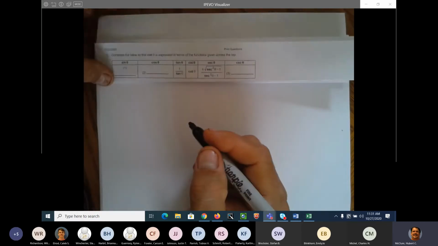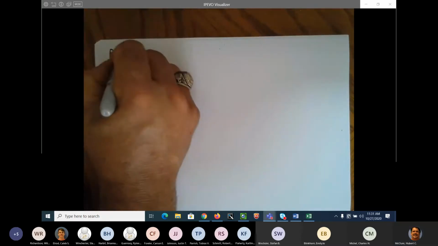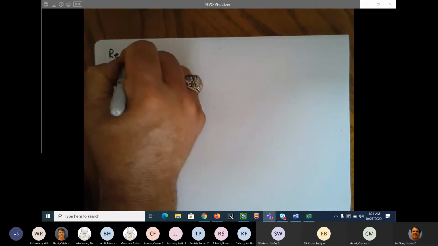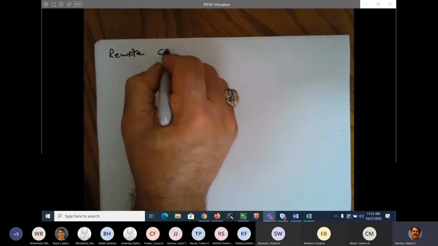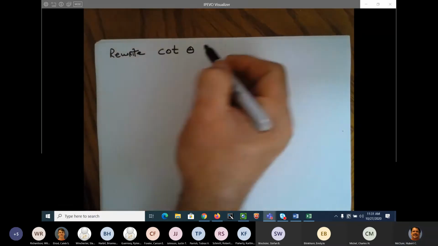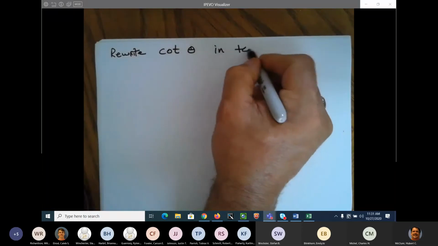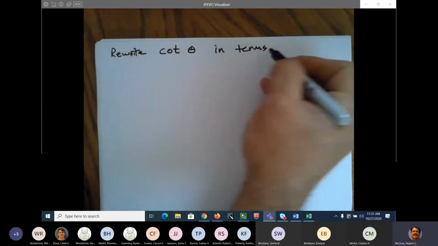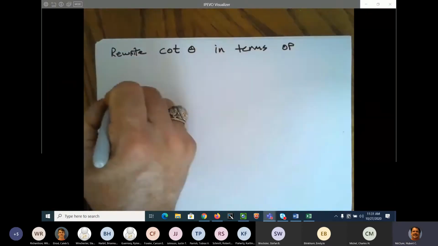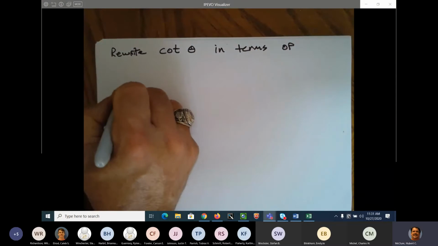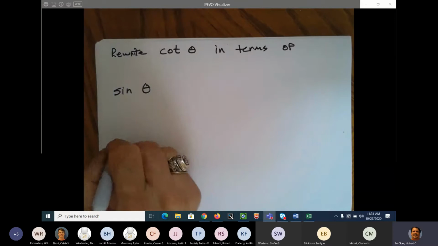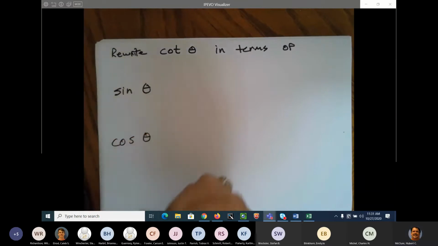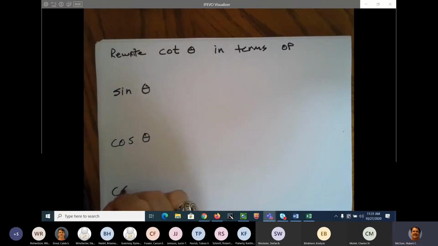I'm going to take this off again. I'm going to rewrite: cotangent in terms of sine, cosine, and cosecant.